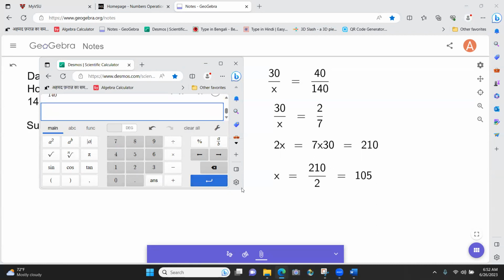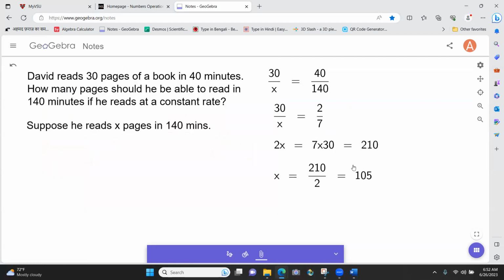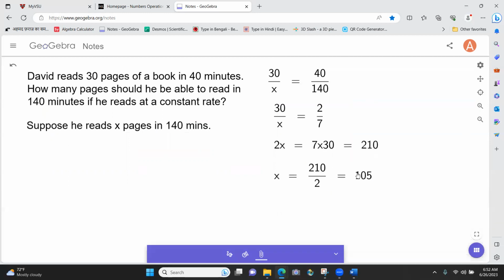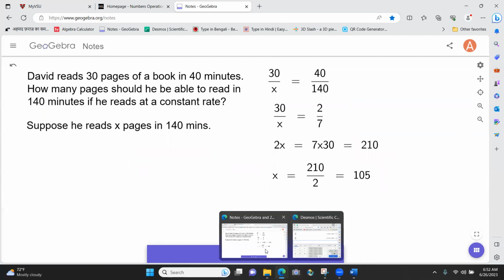Yeah, that matches. So I don't think I messed up. It's a good way you can check it. This is a problem from your math problem set. Of course, you're going to get a different number, but here it is. And you want to write your unit. X is the number of pages, so your answer will be 105 pages. You really want to be formal.